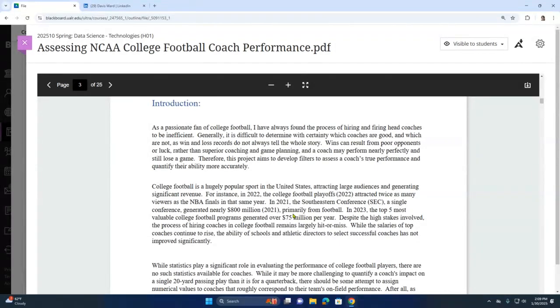The other thing he didn't like about wins and losses is, if you're a top-ranked team like Ohio State and you're playing a non-ranked team like Appalachian State, you're expected to win. So he said, does that really make you a good coach, the fact that you're a powerhouse team and you beat a team that was not in your league?